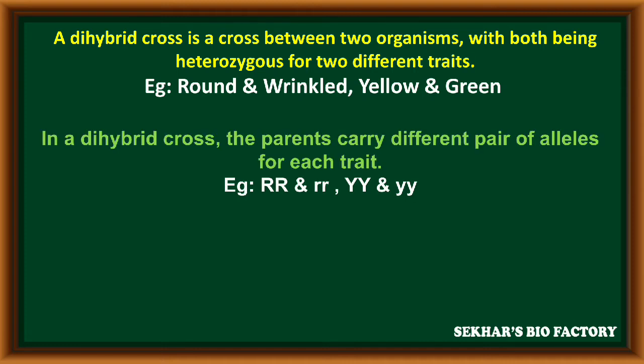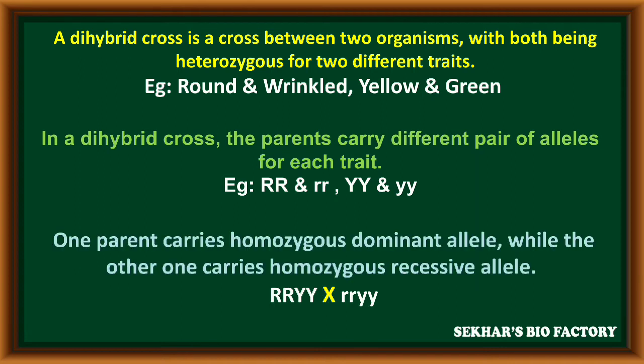In a dihybrid cross, the parents carry different pairs of alleles for each trait, like capital R or small r, capital Y and small y. One parent carries homozygous dominant alleles like capital R, capital Y, while the other carries homozygous recessive alleles like small r, small y.